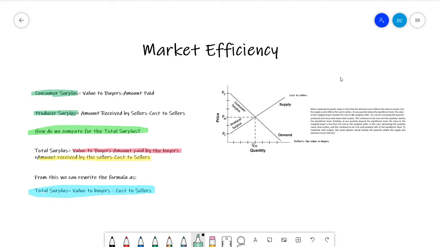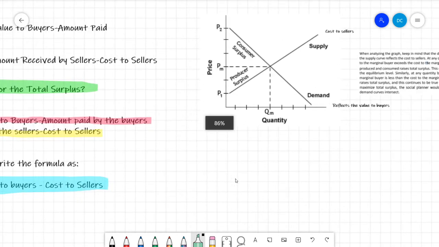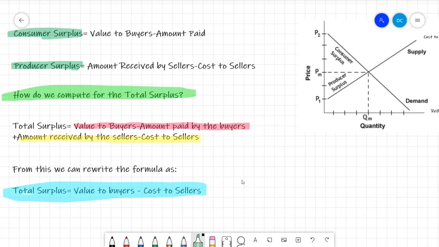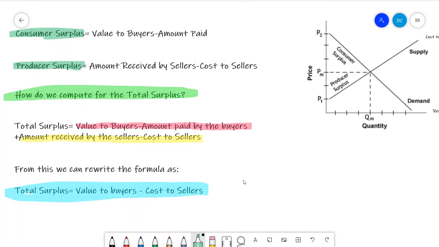So, for us to better understand market efficiency, let us first go to the very concept of surplus. Okay? We said last time that consumer surplus can be determined by subtracting the amount that they paid from their willingness to pay.